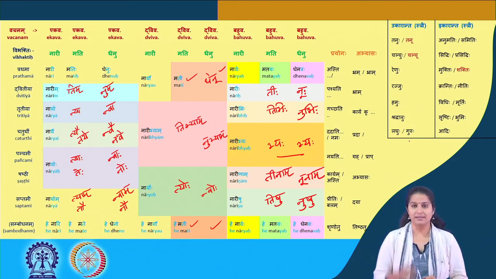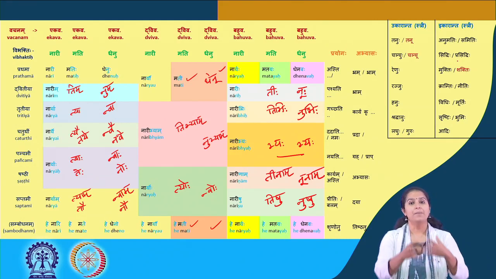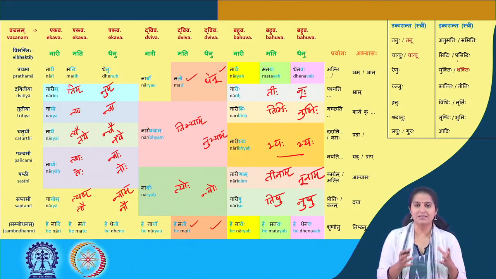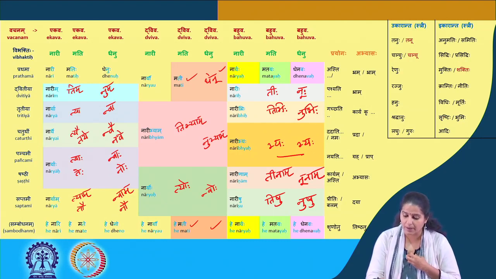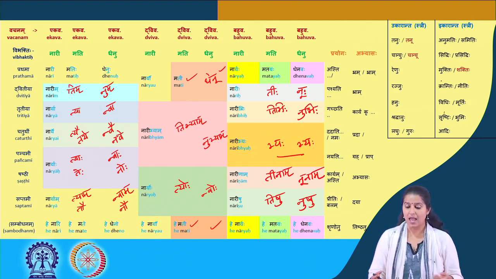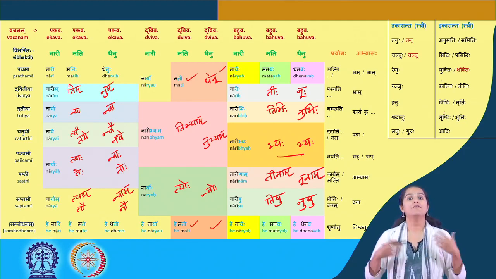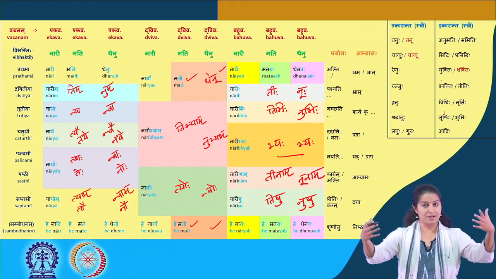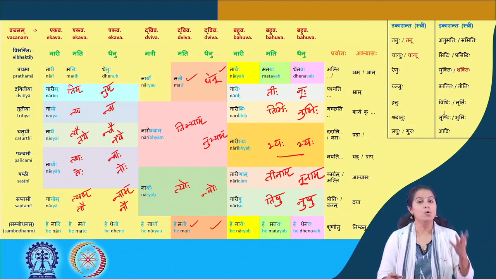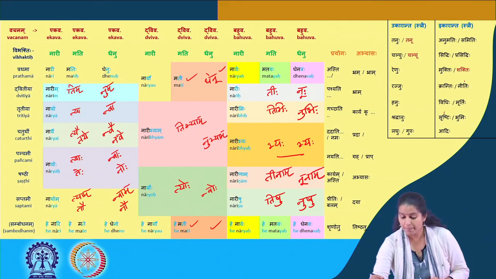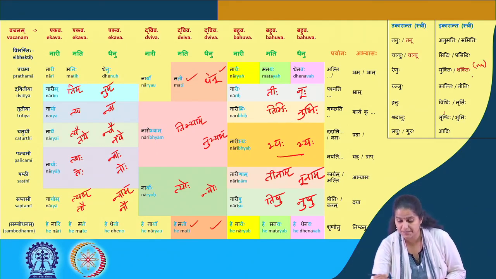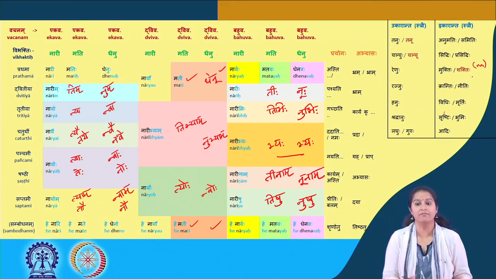The short ikara ending words. Anumatihi meaning permission. Samitihi meaning an organization, a gathering. And then we have siddhihi, which is realization, and then prasiddhihi is fame. Means a lot of realizations makes you famous in that sense. Muktihi, liberation. Shaktihi, power. Now again, that is in red because that can also sometimes be used in the masculine sense, like kavihi.